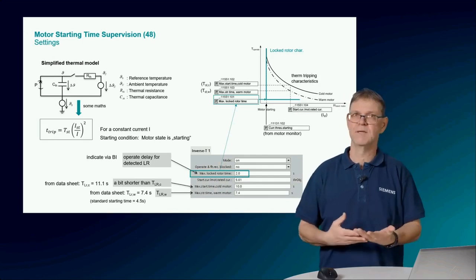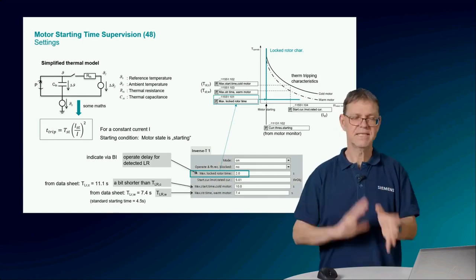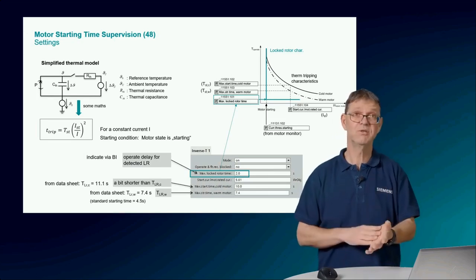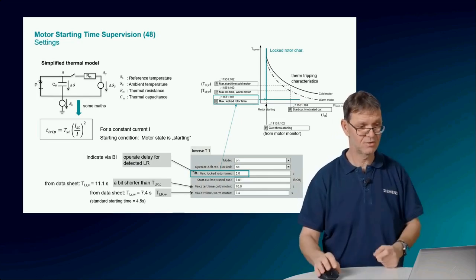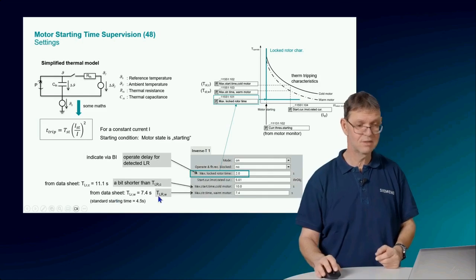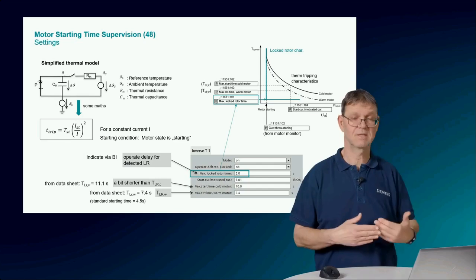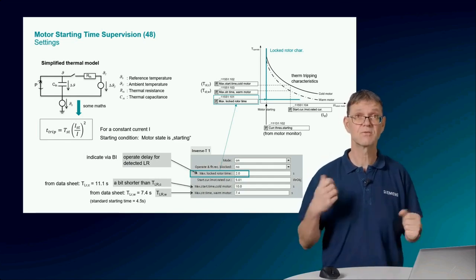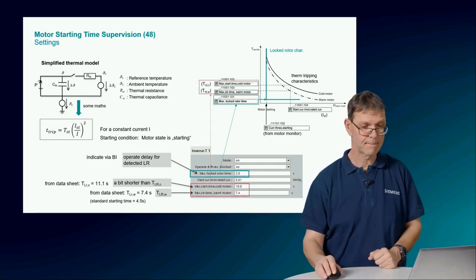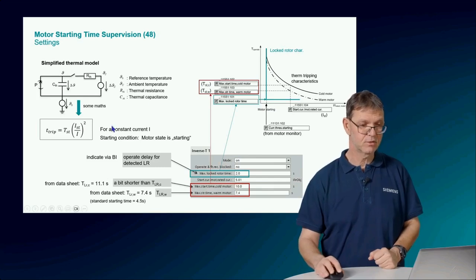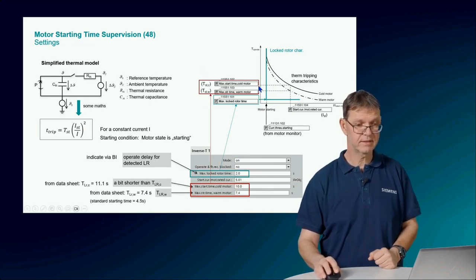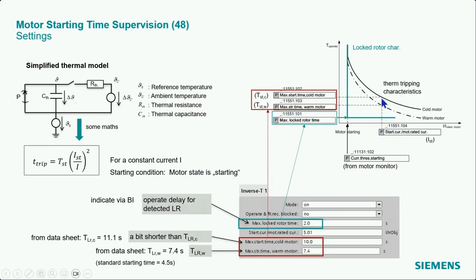I mean, if you start and you are at 90% of the speed, for example, and your setting here is too small and you trip, then you have not won anything. So maybe it's better to go to the limits in these extreme cases. Okay, and these are those two values here again. It is basically the two currents we see here, for the cold and for the warm motor.